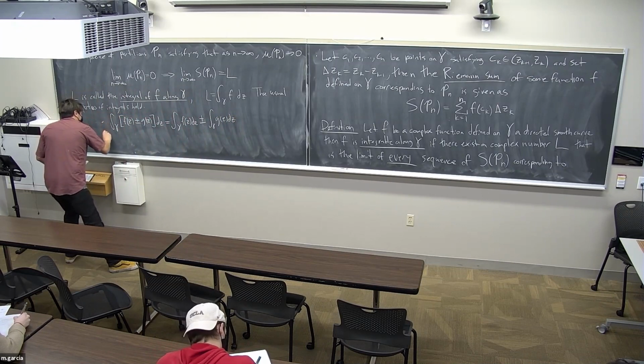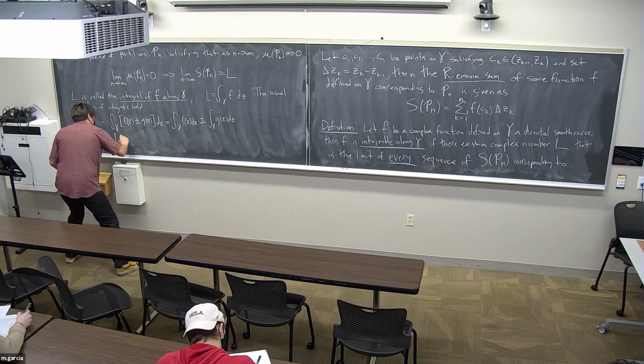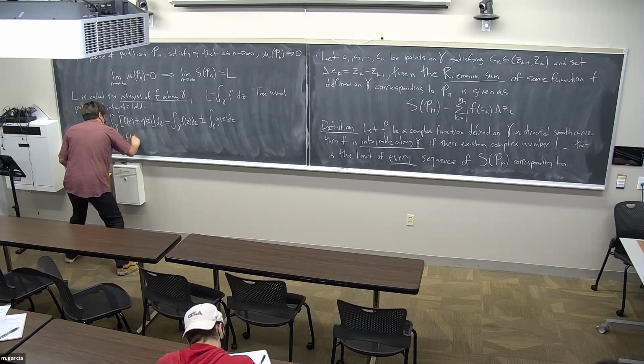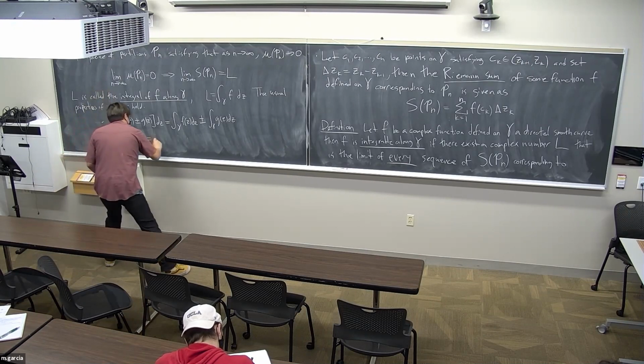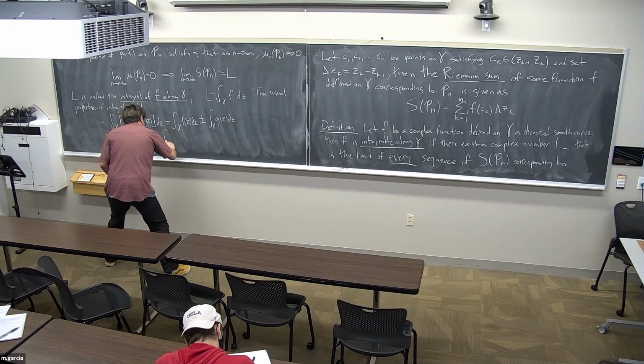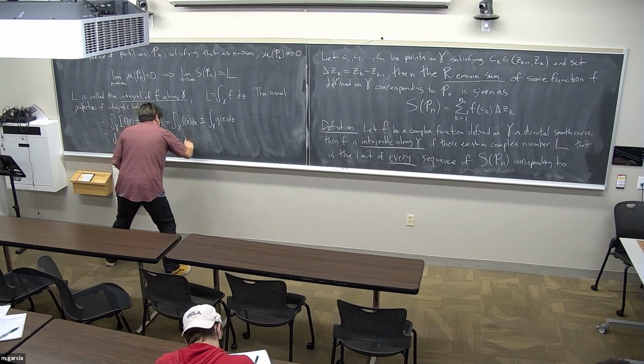Right? I can also pull constants out, right? The integral of c times f of z dz along gamma is just equal to c times the integral along gamma of f of z dz.